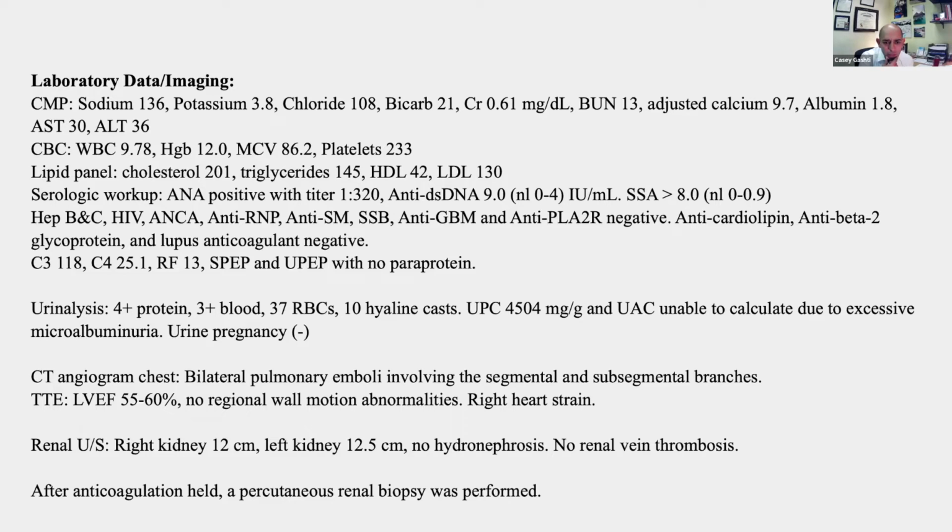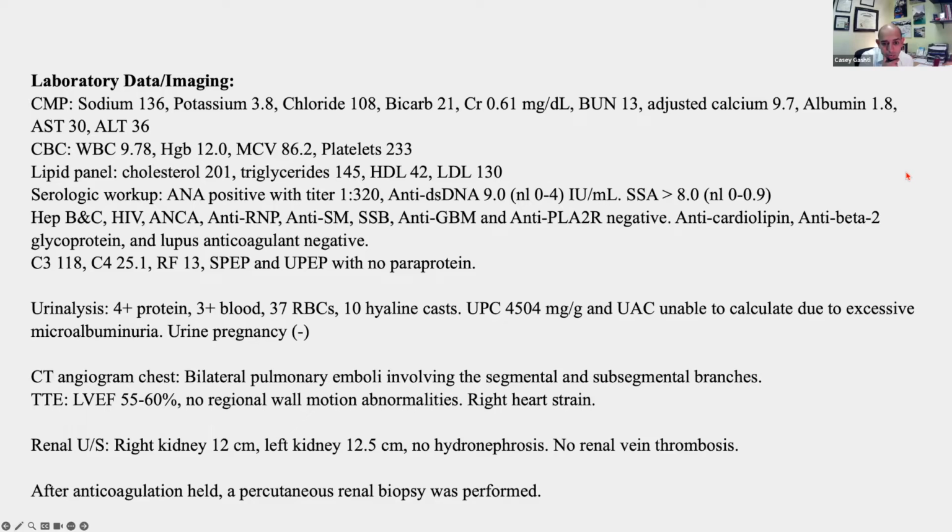So the differential in my mind, obviously based on her age and the positive lupus serologies, I would think that she would have lupus. And if I had to pick a lesion in her on the biopsy, I would probably pick a membranous lupus.